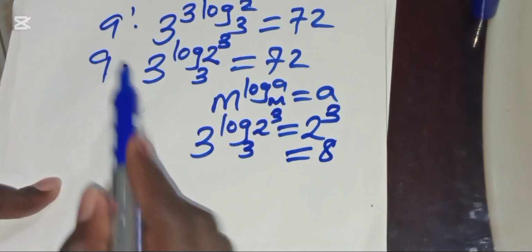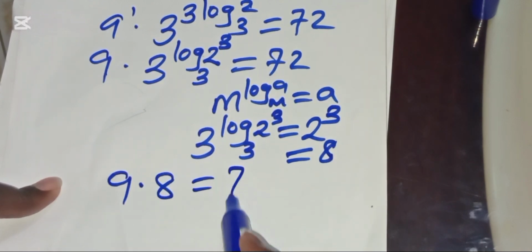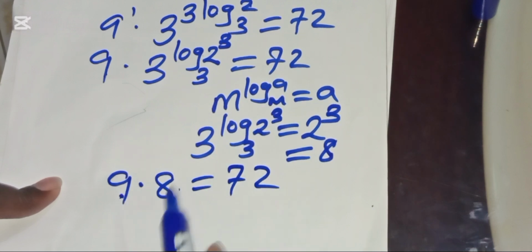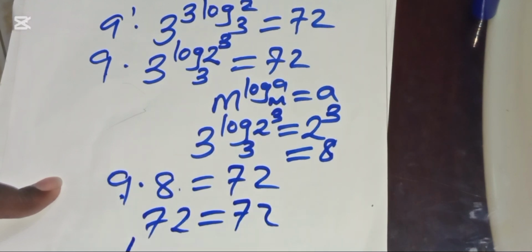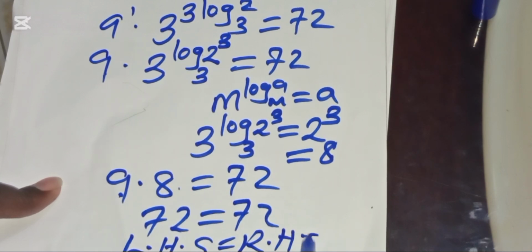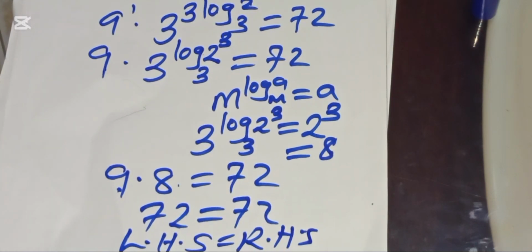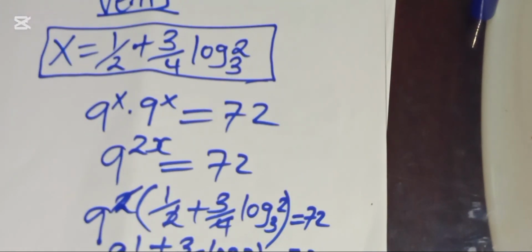We'll have 9 multiplied by 8, which should give us 72, and 9 times 8 is actually 72. It's true that the left-hand side is equal to the right-hand side, and that affirms that the value of x, which is half plus 3 over 4 log 2 to base 3, satisfies the equation.